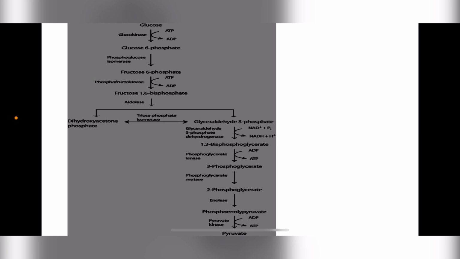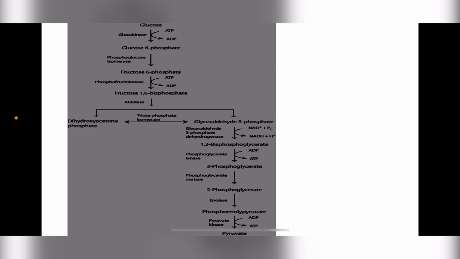Next, fructose 1,6-bisphosphate gets split into dihydroxyacetone phosphate and glyceraldehyde 3-phosphate in the presence of the aldolase enzyme, and these two molecules can be interconverted in the presence of triose phosphate isomerase.